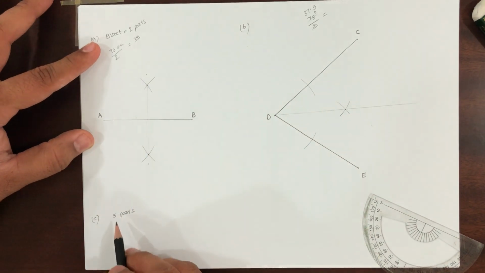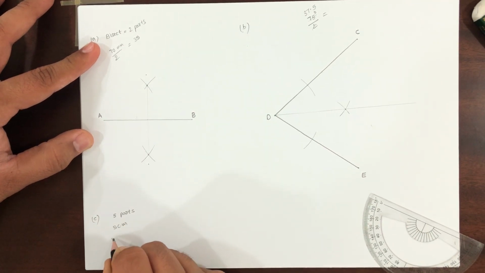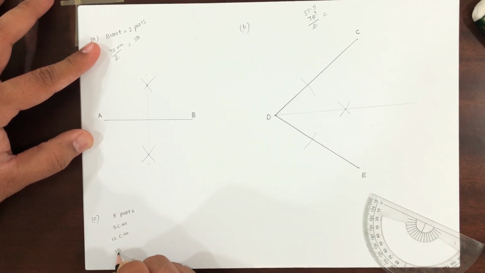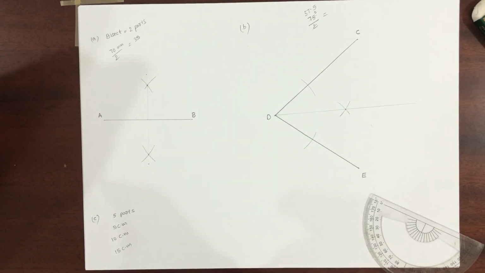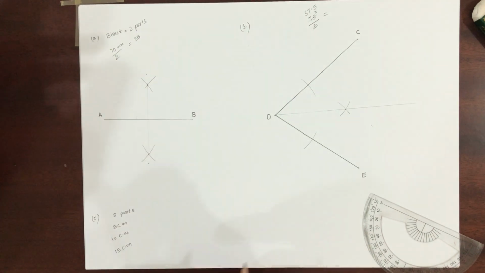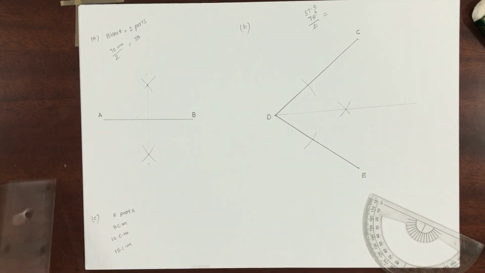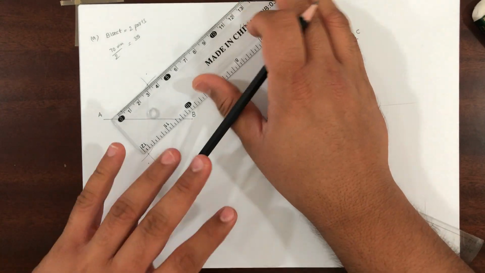If you take 5 centimeter, you can take the length as 10 centimeter, or 15 centimeters. No problem, as per your choice, you can take 5, 10, 15, anything. This is not the rule, but in order to make the division easy, you take 5, 10, 15 like this.